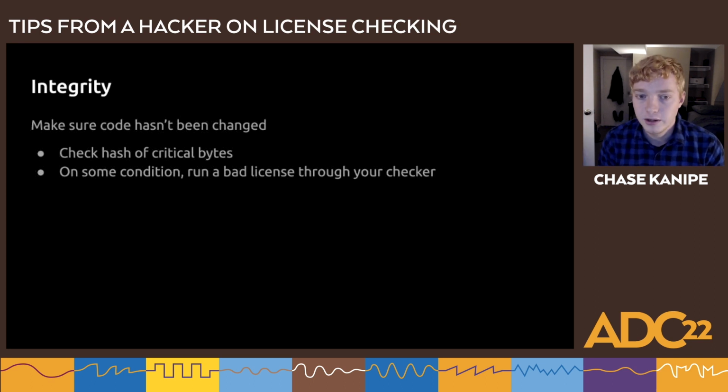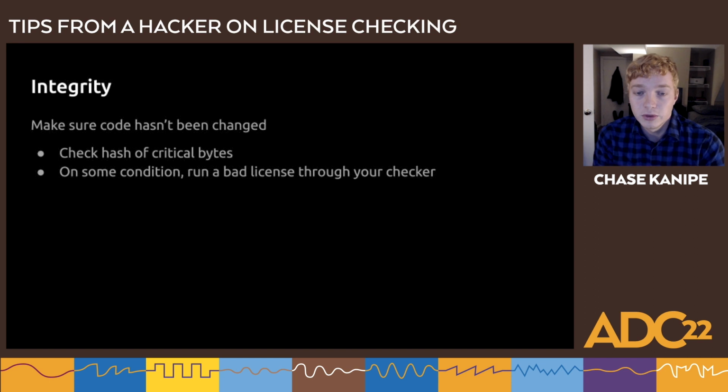Next, we have integrity. You want to make sure that your code hasn't been changed when this is possible. The best way to do this is to check the hashes of important bytes at runtime, and then these hashes would be calculated at compile time. But this can be somewhat difficult to implement unless you are particularly passionate about this kind of work.